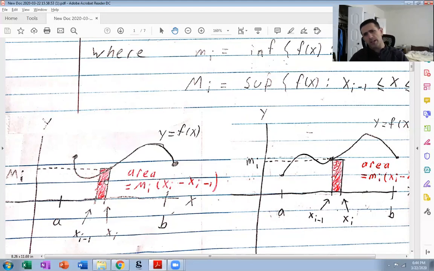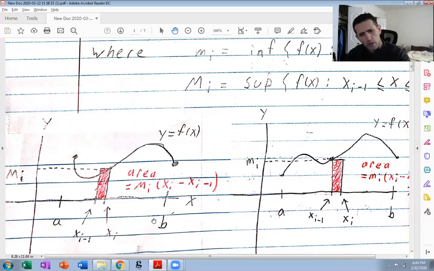We get an approximation to the area that overshoots the actual area under the curve. Okay? And for graphical and discussion purposes, I'm just dealing with non-negative functions, so there's no issue with signed area. Again, I'm just trying to explain and motivate definitions here, essentially.